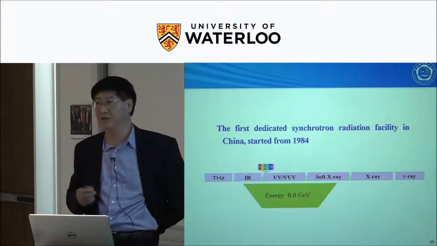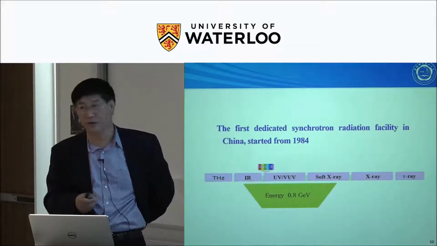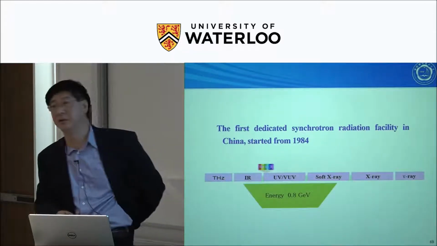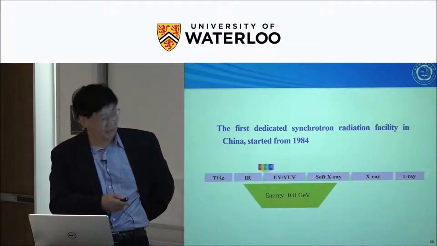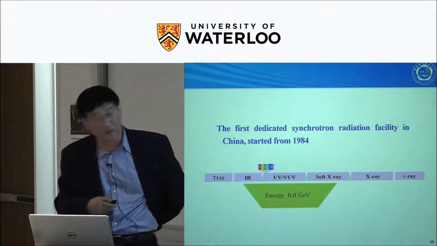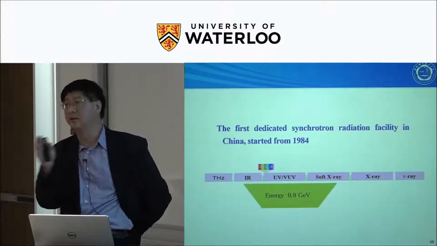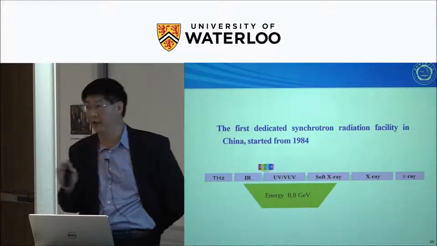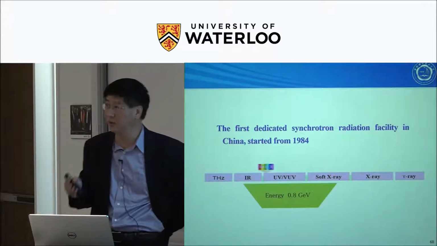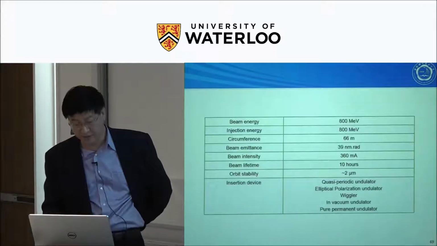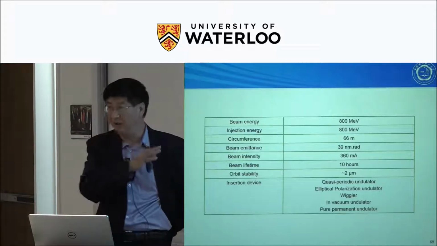Construction started in 1984, before you were there, right? The storage ring energy is 0.8 GeV. It covers from infrared to soft X-ray, including deep EUV wavelength bands. Those are the machine parameters now.